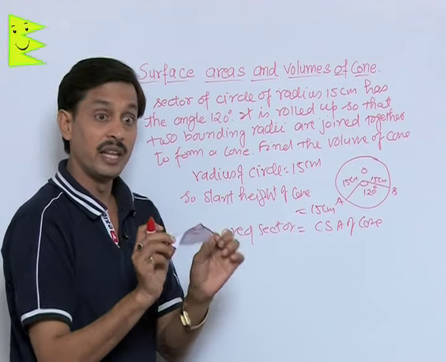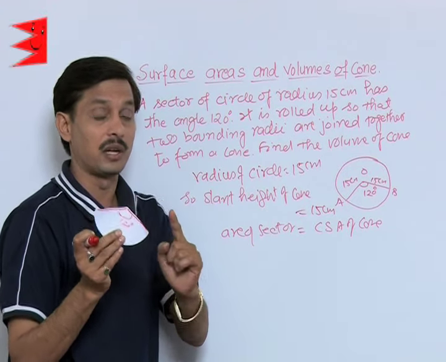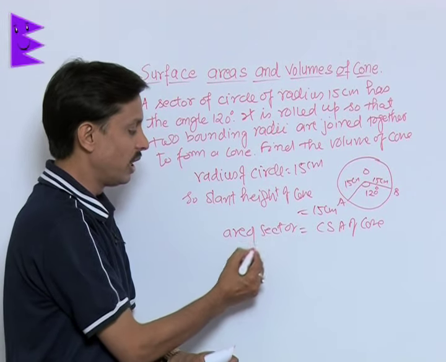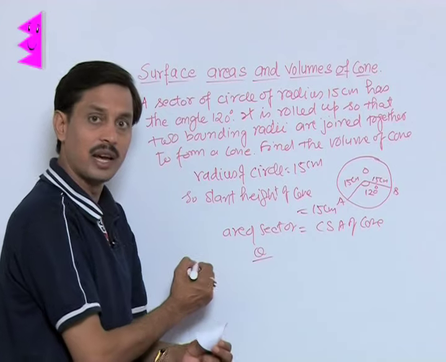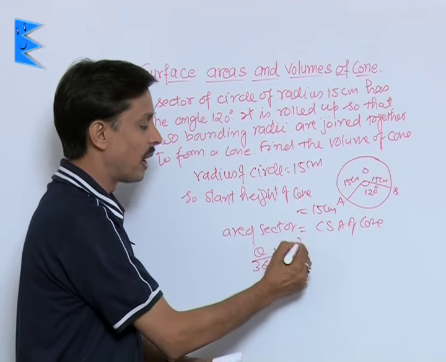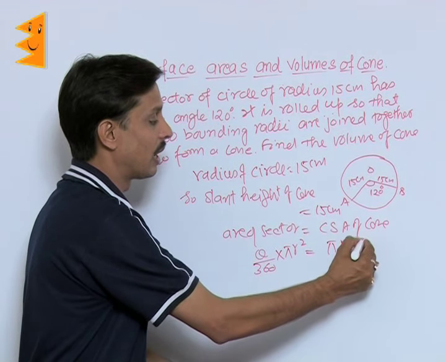Remember, the 15 is the value of the radius of sector, not the radius of cone. So area of sector is central angle theta upon 360 into pi r square. CSA of cone is pi r l.